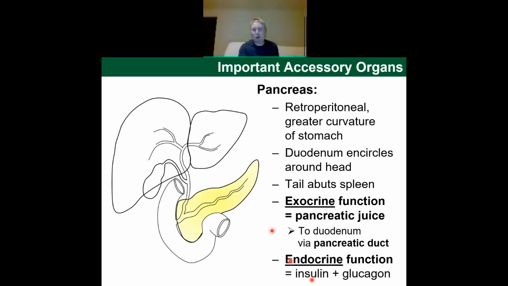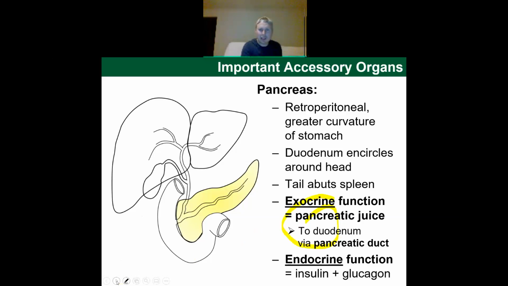So when we talked about endocrine glands, when we talked about hormones, that was all to do with sugar regulation through insulin and glucagon. But in this context, our main interest will be on the exocrine function of the pancreas.